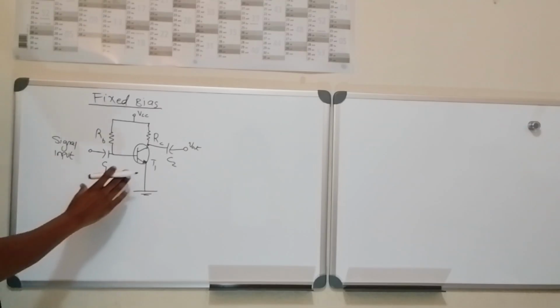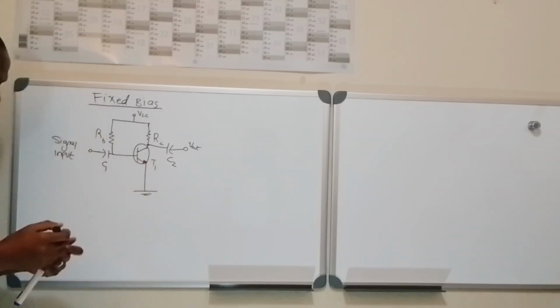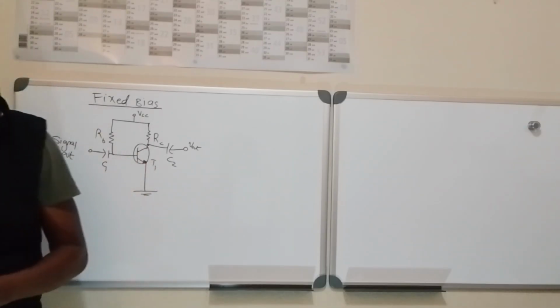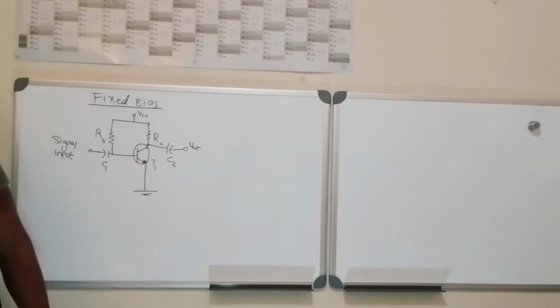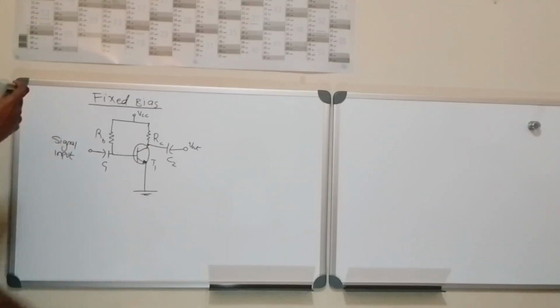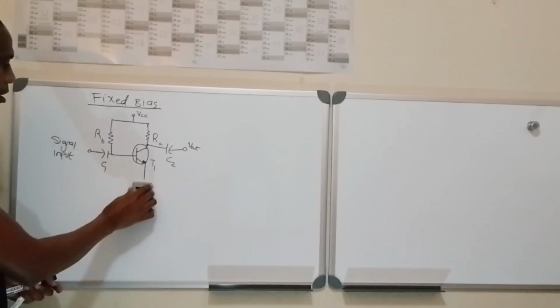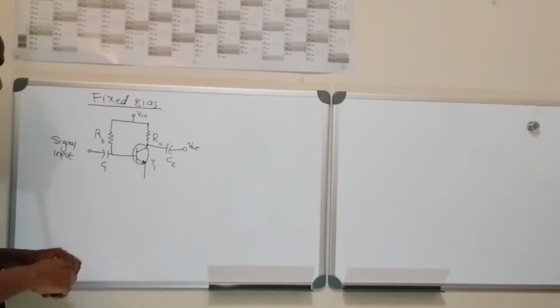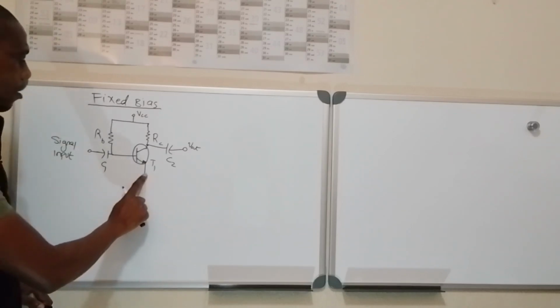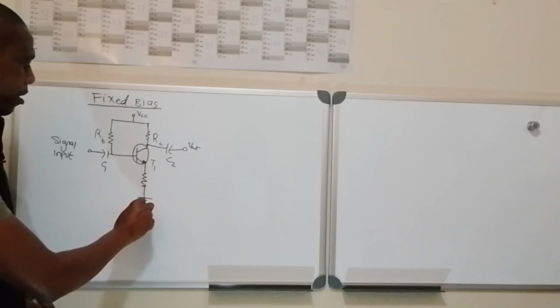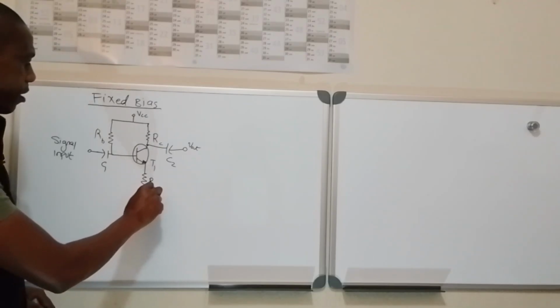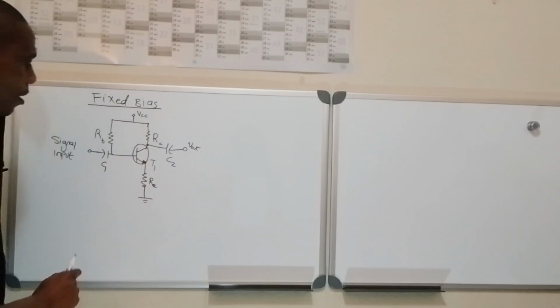I won't go into details on a fixed bias because we won't be using fixed bias. I'm just showing you how it is configured if it's a fixed bias. But now, if you connect a resistor here in the emitter, we'll call it RE, because it's the emitter resistor.